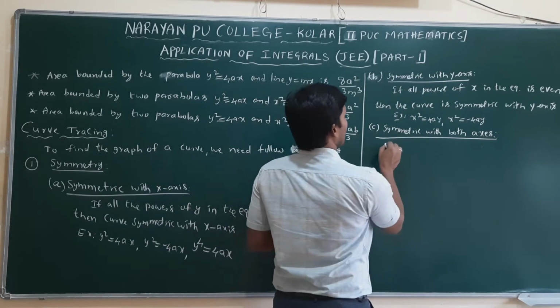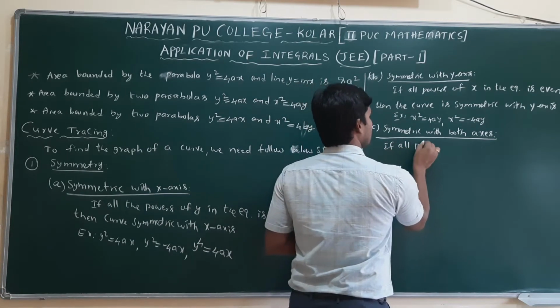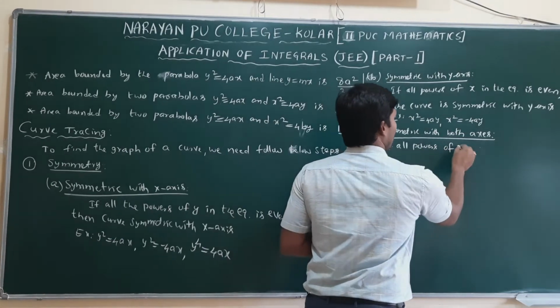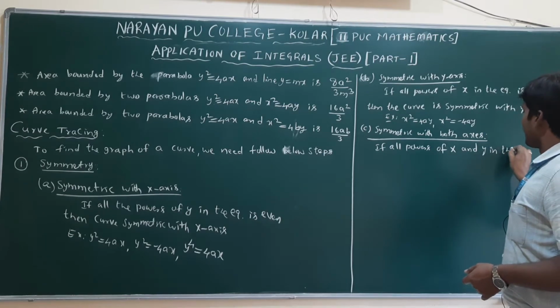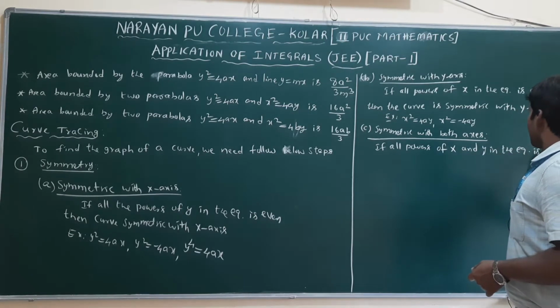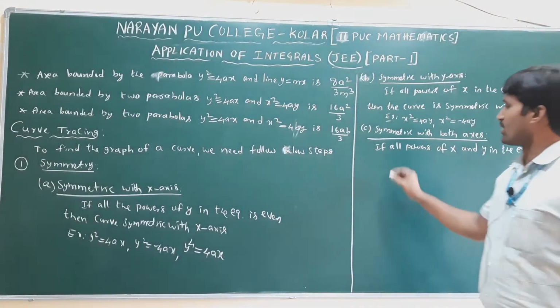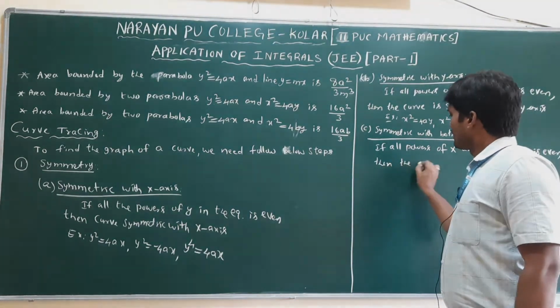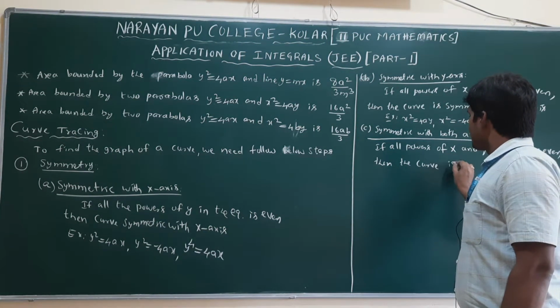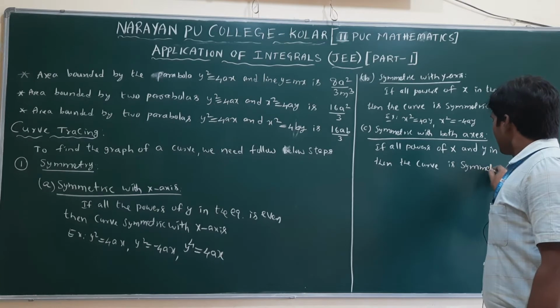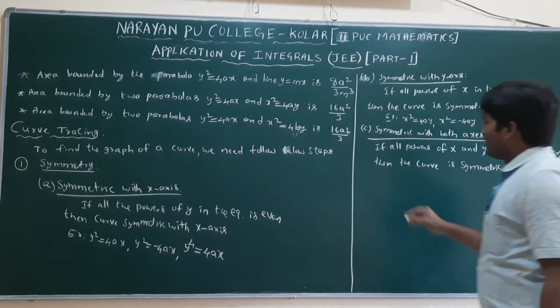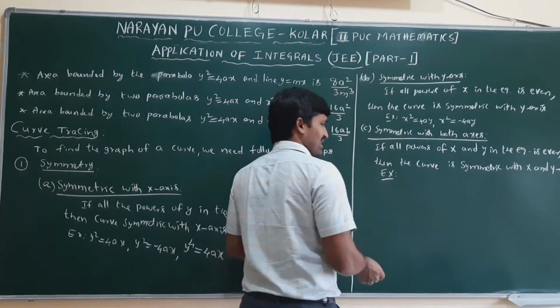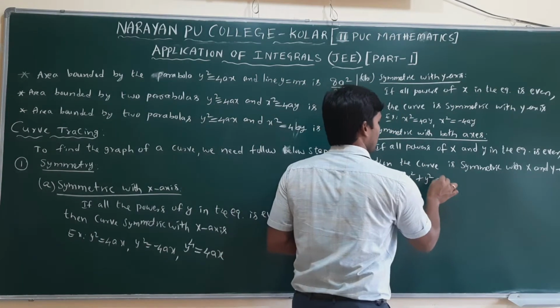A simple thing: if all powers of x and y in the equation are even, then the curve is symmetric with the x and y axes. Examples: a circle, x square plus y square equal to a square.